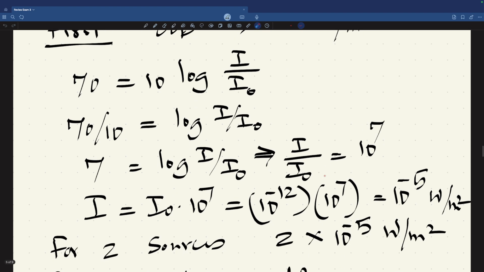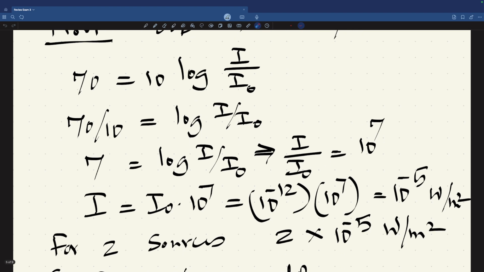So once you do that, cross multiply, or rather multiply with I naught on both sides. So you get it as I naught times 10 raised to 7. And remember that I naught is 10 to the negative 12. So when you put that, you see it's 10 to the negative 5 because 12 minus 7 is 5. And then you put the sign of the bigger number.